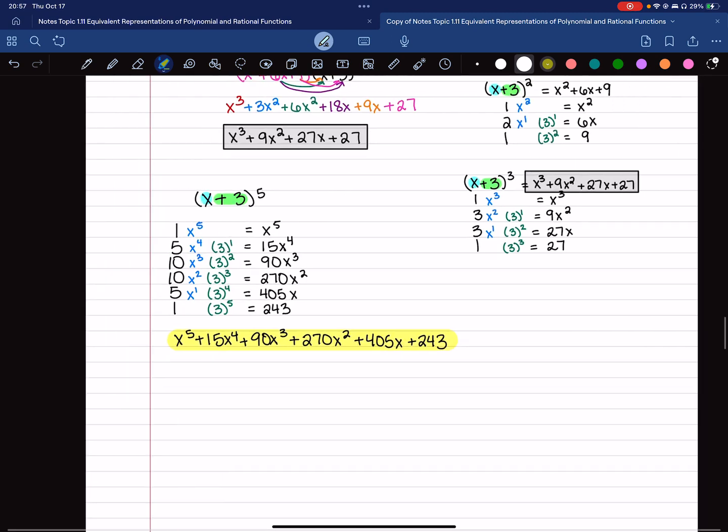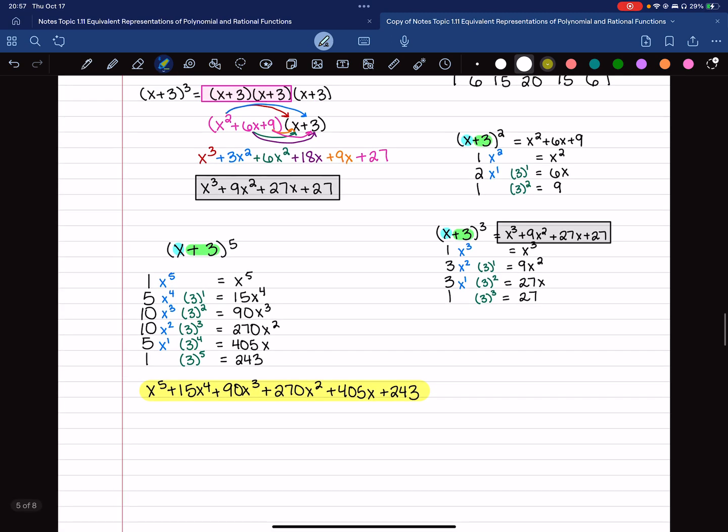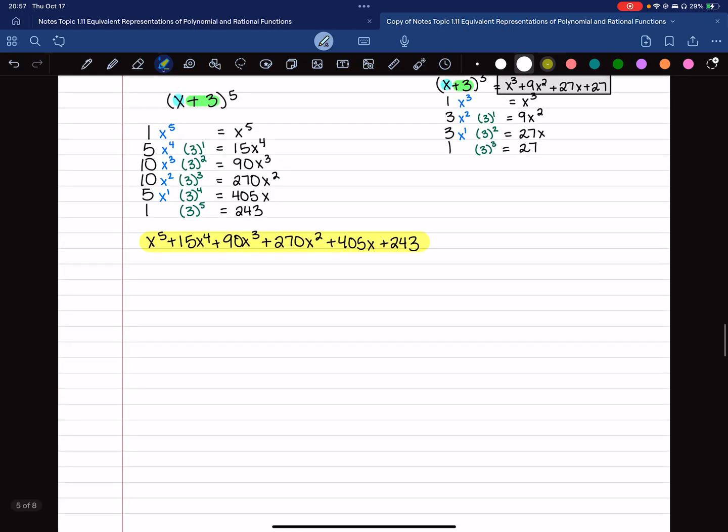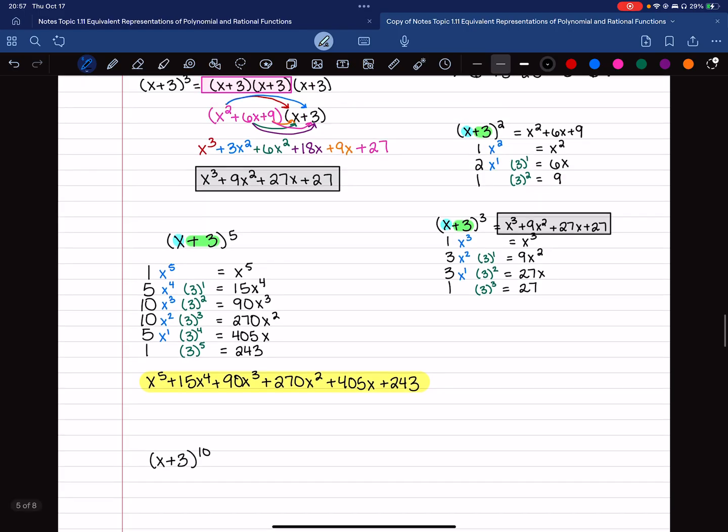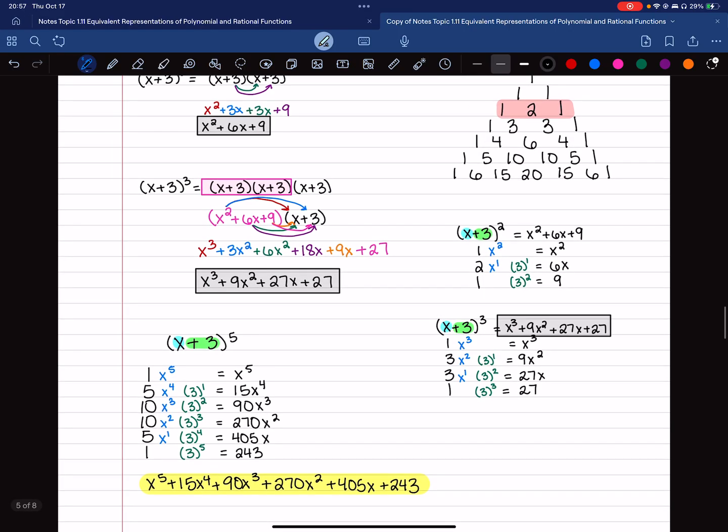Okay, now this can be very tedious as we go through it. So there is going to be a separate video where I show you how to use the calculator to get some of these values from the triangle. Because if I gave you, let's say, x plus 3 to the 10th power, you don't want to have to expand this triangle out even more than we already have.